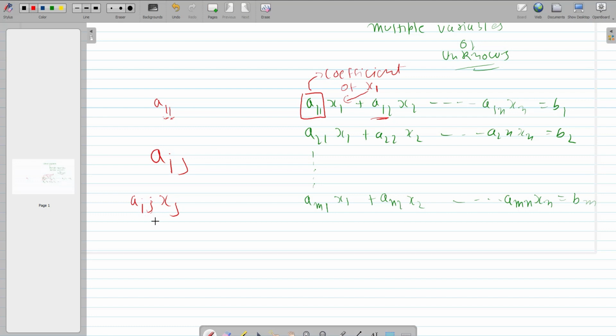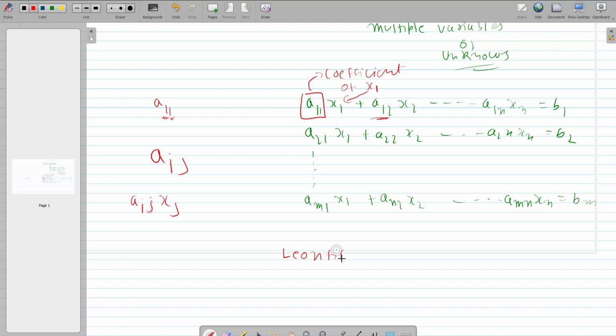In this subscript, first we write which equation it is, and then we write which variable that particular coefficient is associated with. Now, for an application of algebra in economics, we can look at what we call the Leontief model.